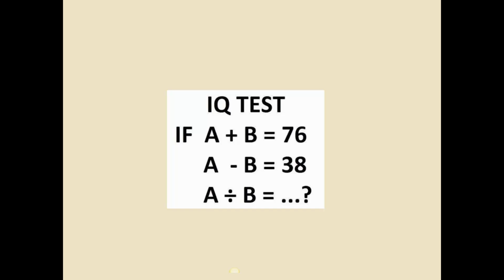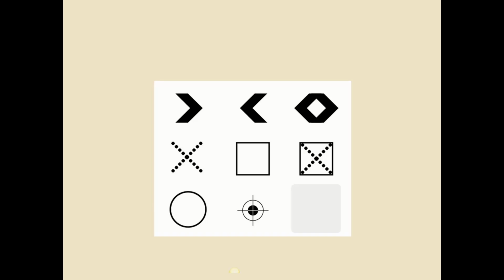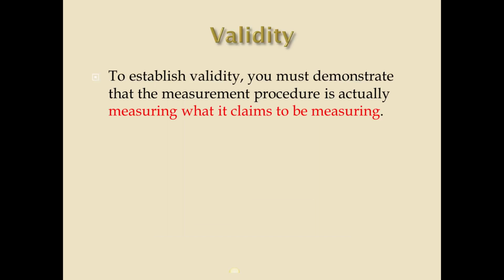To establish validity, you must show that the measurement procedure is actually measuring what it claims to be measuring. So if you have made an IQ test, you have to show that it really measures IQ, not something else.